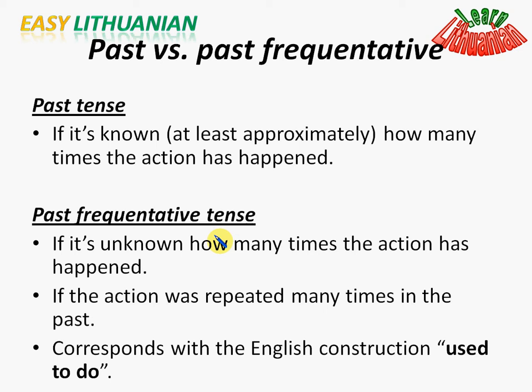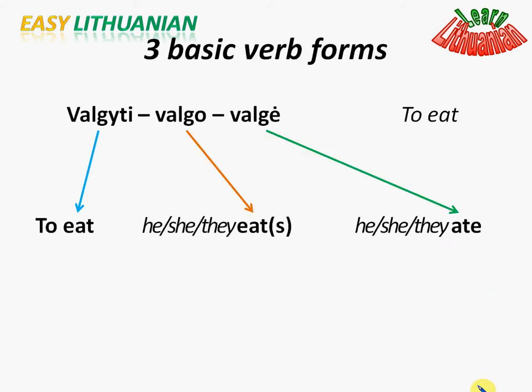But when it's unknown how many times it was repeated, you should use the past frequentative. So when you want to say that he used to speak, that means that he spoke many times, he repeated the action many times in the past, and it really doesn't matter, or it's unknown, how many times it has happened. So let's try to form that tense, and you'll find out how to do this.